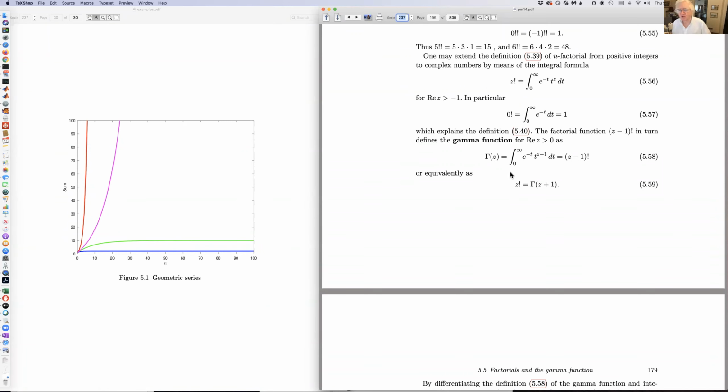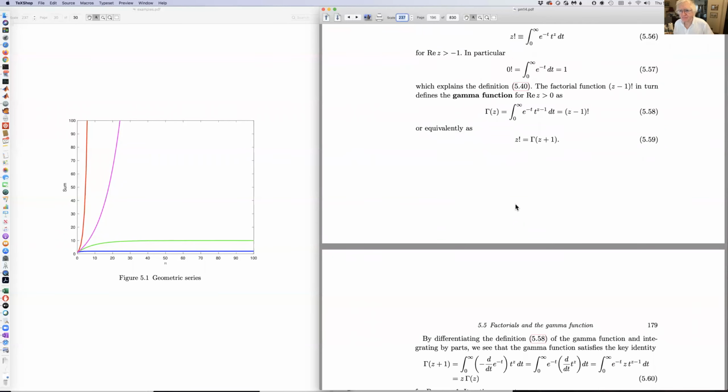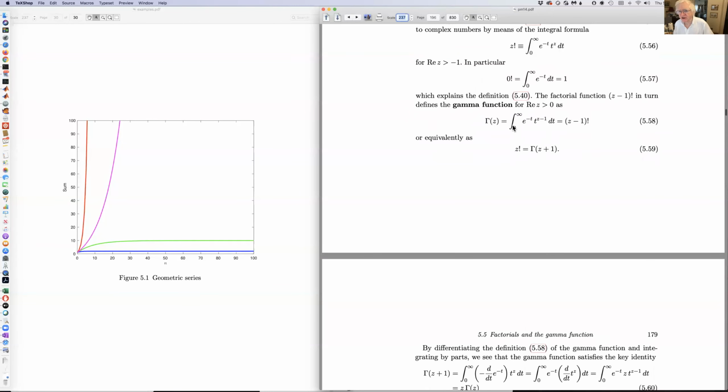Because if you want to go from factorial to gamma function or from gamma function to factorial, you have to remember they're not the same. You have to shift by one, and which way do you shift? I have to look it up every damn time. Anyway, the gamma function is this same formula with a minus 1 here. So equivalently, gamma of z is z minus 1 factorial, and z factorial is gamma of z plus 1.